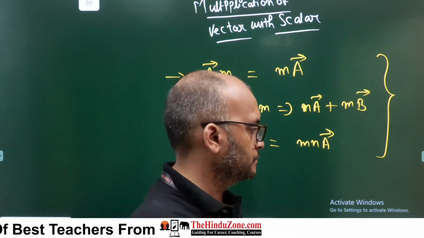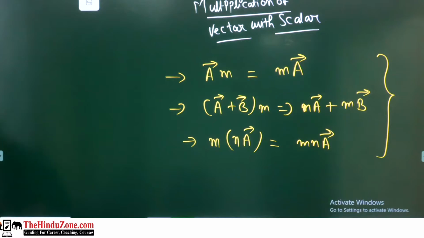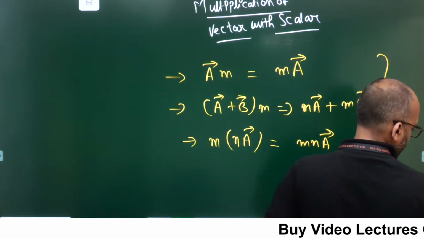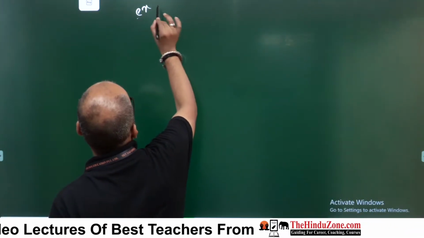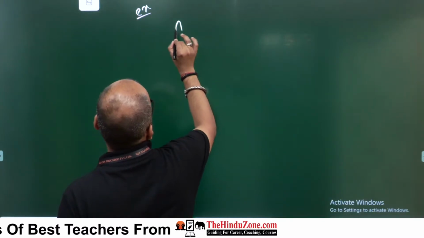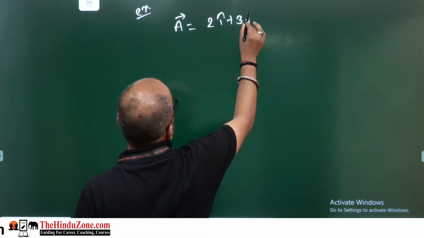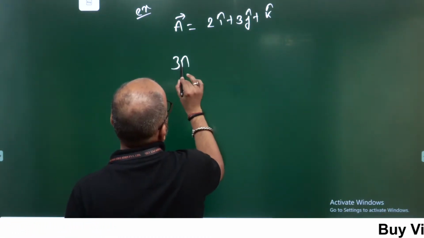Done, everyone? Yes, sir. Okay. So that's it. Suppose you have got vector A, its value is 2i plus 3j plus k, and you need to find 3A.